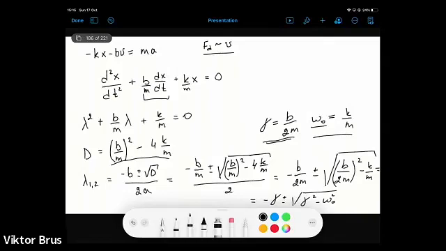Okay, so this we remember, and we will write it on the next slide, because we will work with these solutions afterwards. So it is minus gamma plus minus the square root of gamma square minus omega naught square.